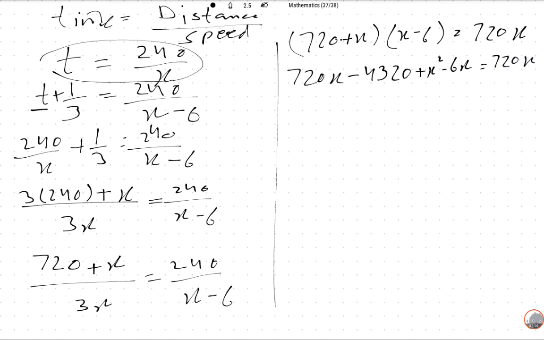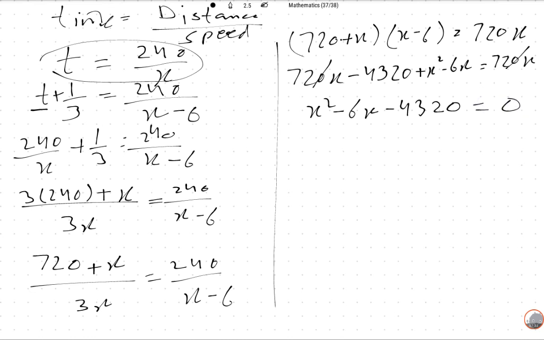So when we arrange these values, 720 and 720 will cancel. Okay, and now the equation is x square minus 6x minus 4320 is equal to 0.